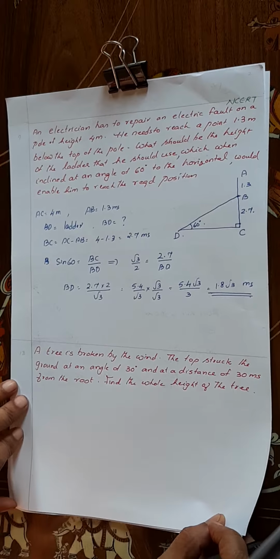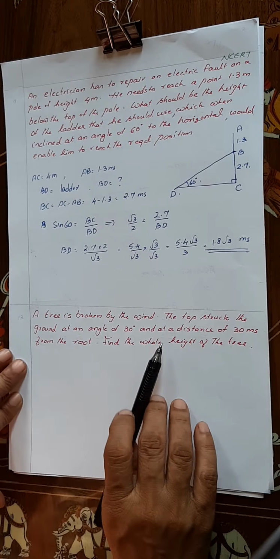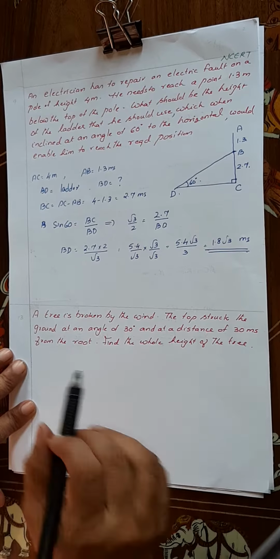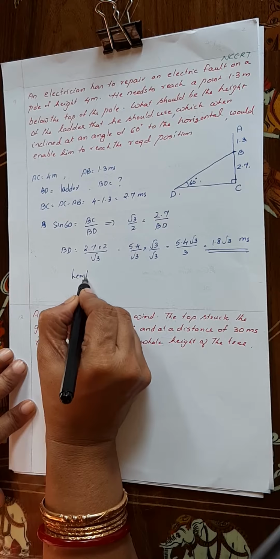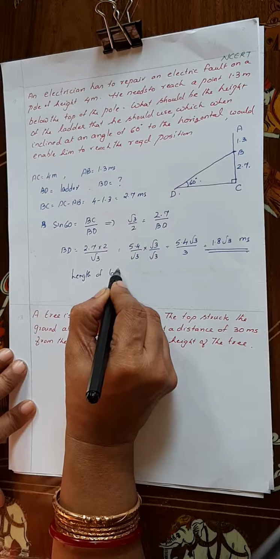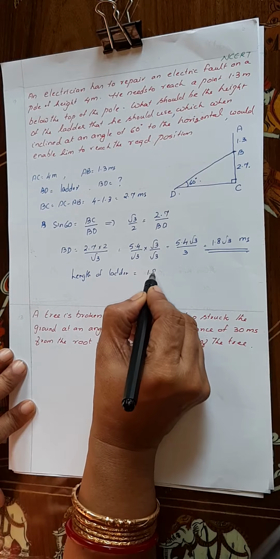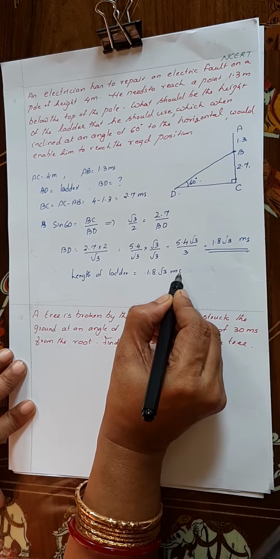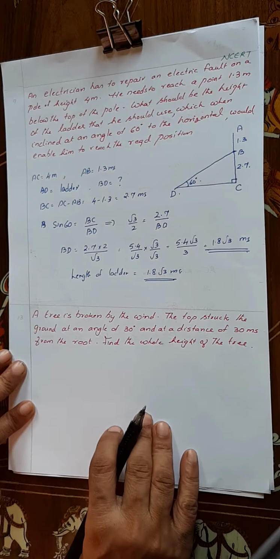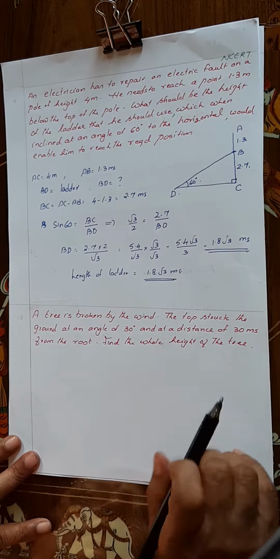Now a tree is broken by the wind. So the length of the ladder is 1.8 root 3 meters.